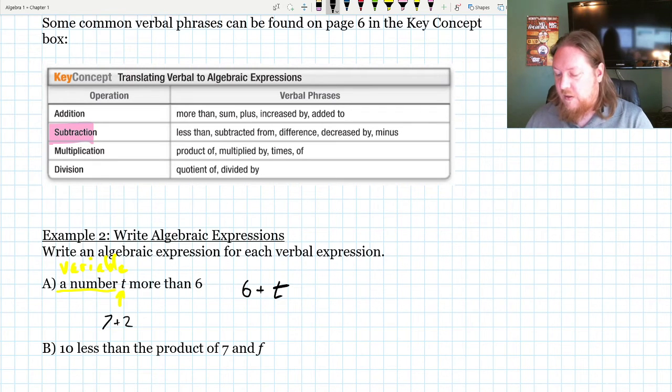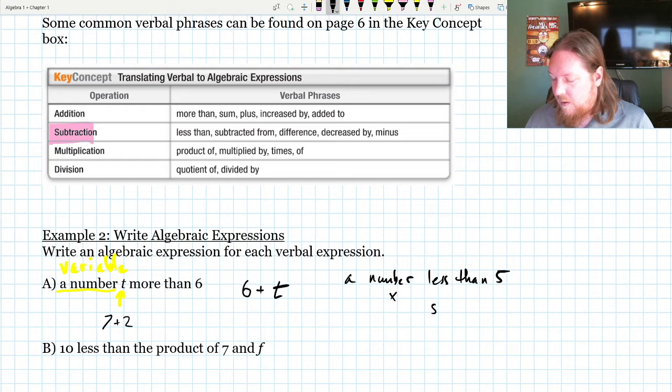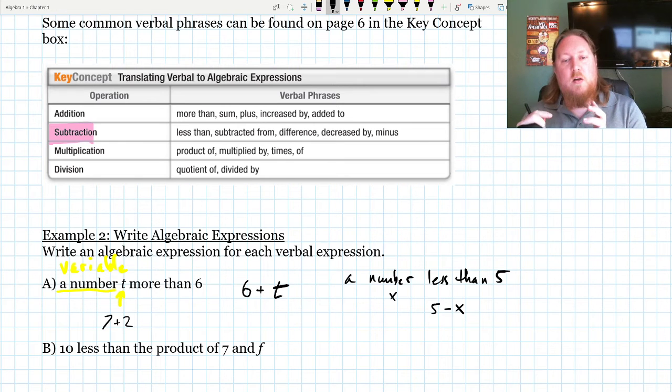Now, it's not the end of the world if you get them reversed because it's addition, but it will matter if that was subtraction. If we had a number less than 5, so the number is a variable, we'll just call it x, and it has to be less than 5. So it's 5 minus x. It would have to be in reverse there. So where it doesn't really matter so much with addition, it really matters with subtraction.